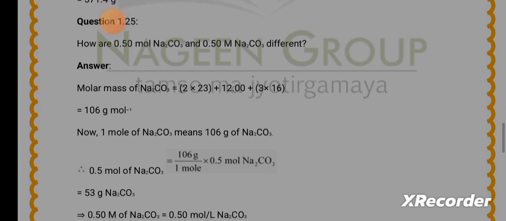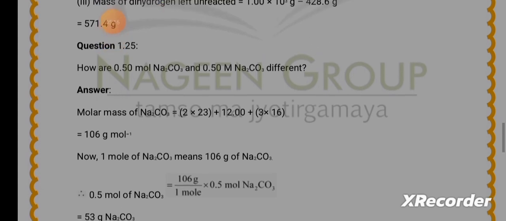Clear? Now 0.50 small m says that 0.50 moles of sodium carbonate is dissolved in 1 kg of solvent, but 0.50 capital M says that 0.50 moles is dissolved in 1000 ml of solution or 1 liter of solution.